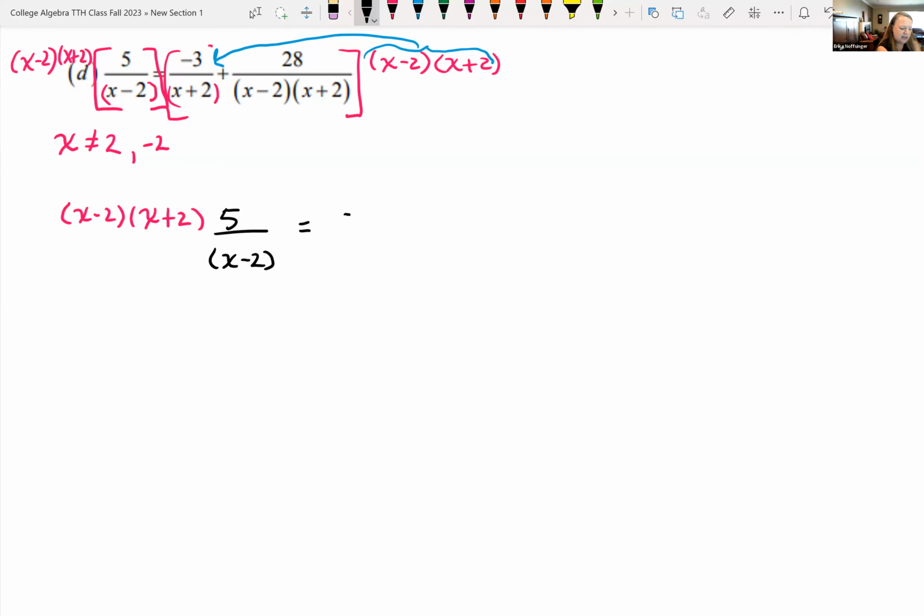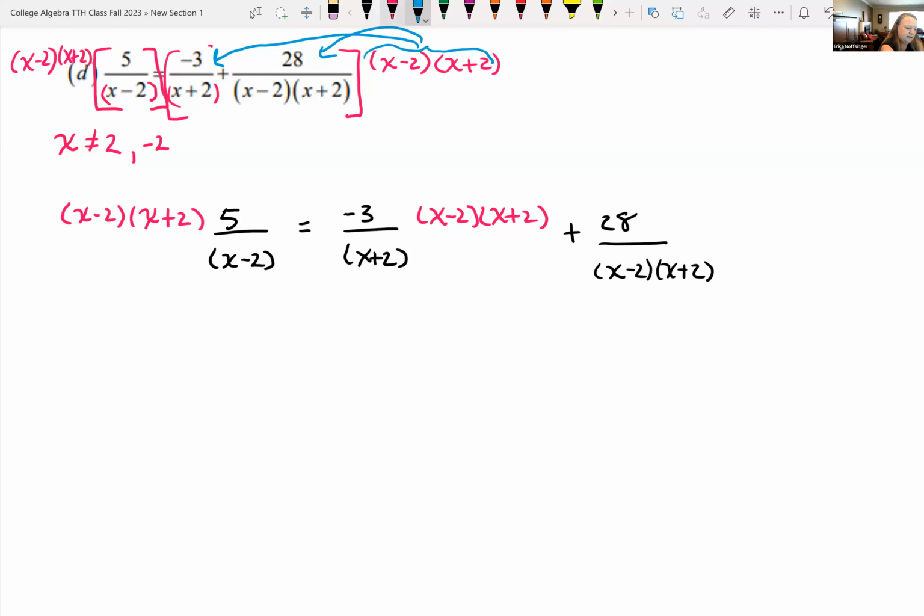So if we do that, we have -3 all over x plus 2, all times x minus 2, x plus 2, plus 28 all over x minus 2, x plus 2, distributing this times x minus 2, x plus 2.